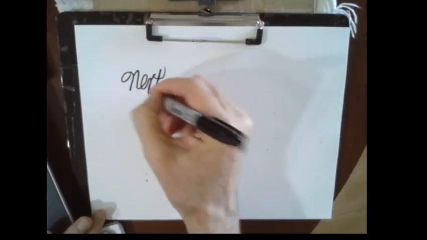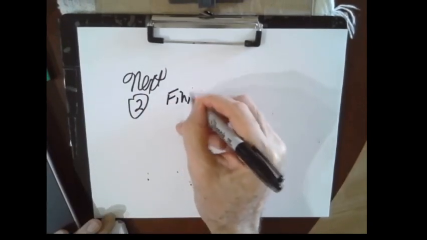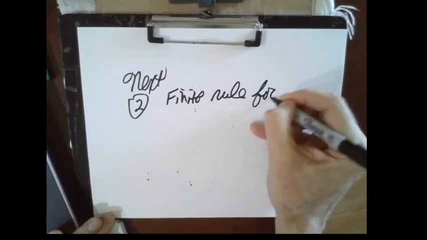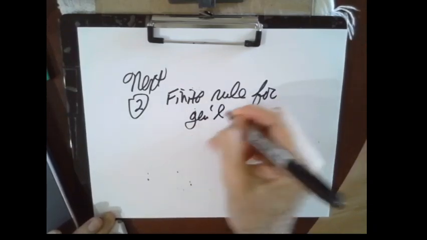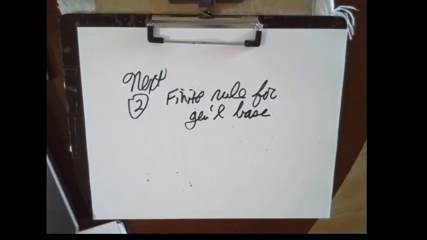Next, number 2, I think I can do the finite decimal rule for general base. Hardy does it for base 10. I really don't think he does it for even his general case.